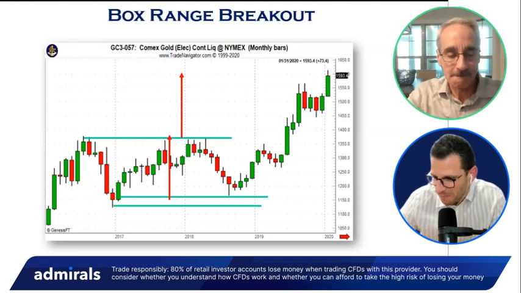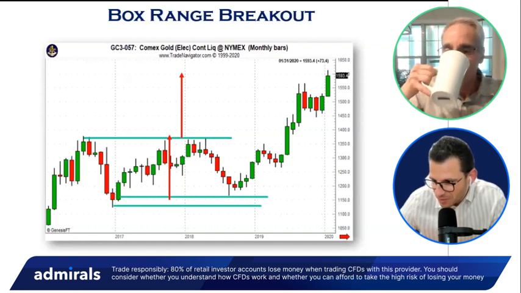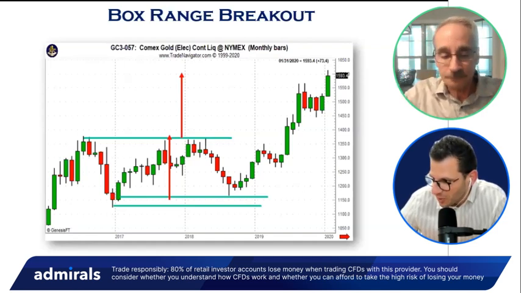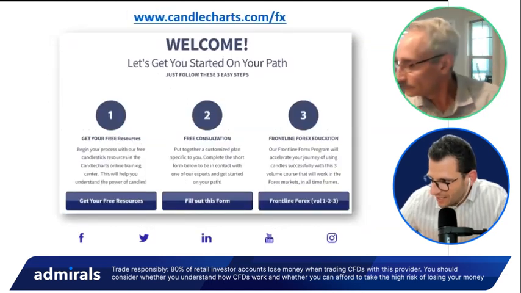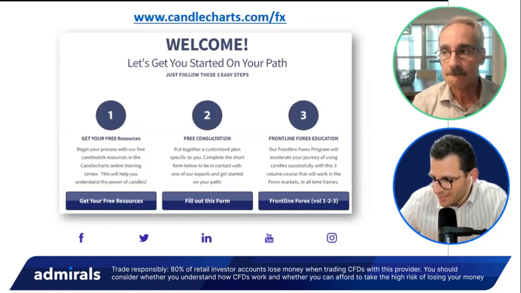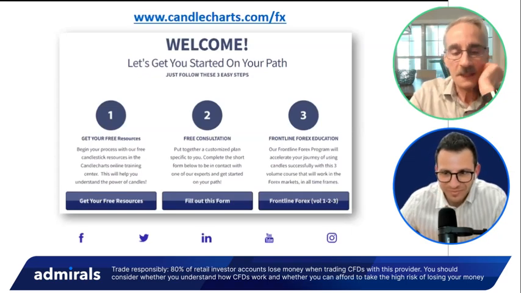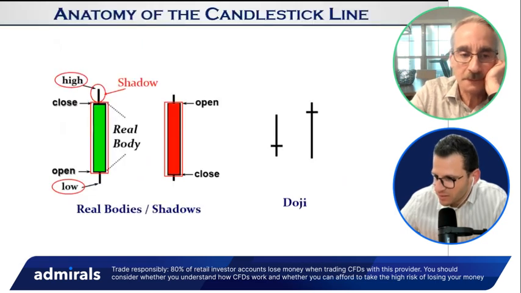So let me scroll for other questions. Guys, please use these few minutes left for your questions. What signals does the outside bars provide? I'm not sure what they mean, but let me go back here.